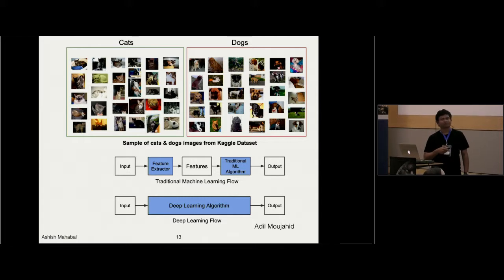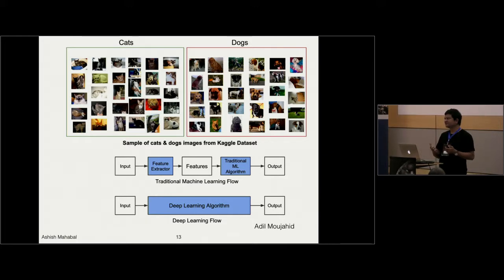So in typical ML, what happens is that you have input, there are features that are extracted, then there are these features, and then with the ML you get an output. Whereas with deep learning, what happens is that you start with input, there's the deep learning algorithm, and you get output. So essentially, again, in this case too, getting the features is eliminated, or it does the extraction of features internally.